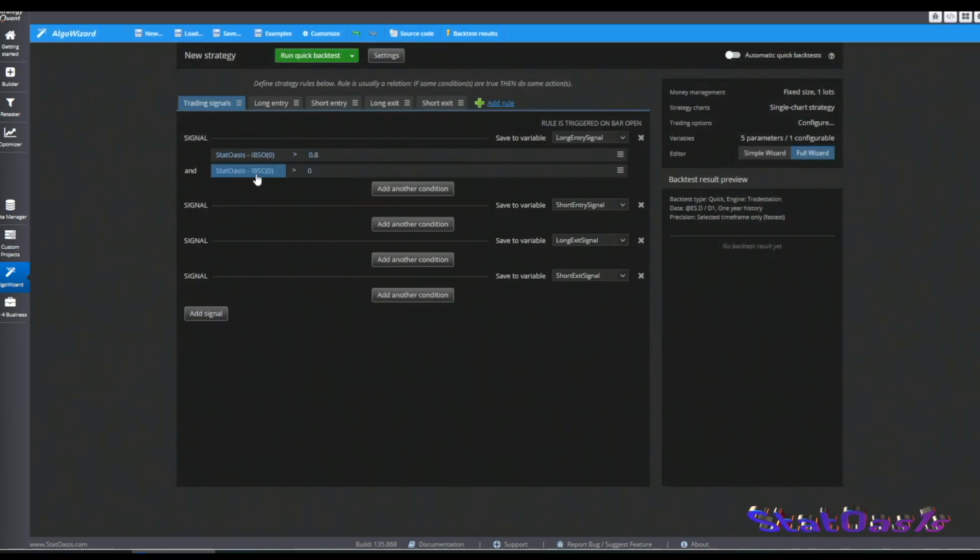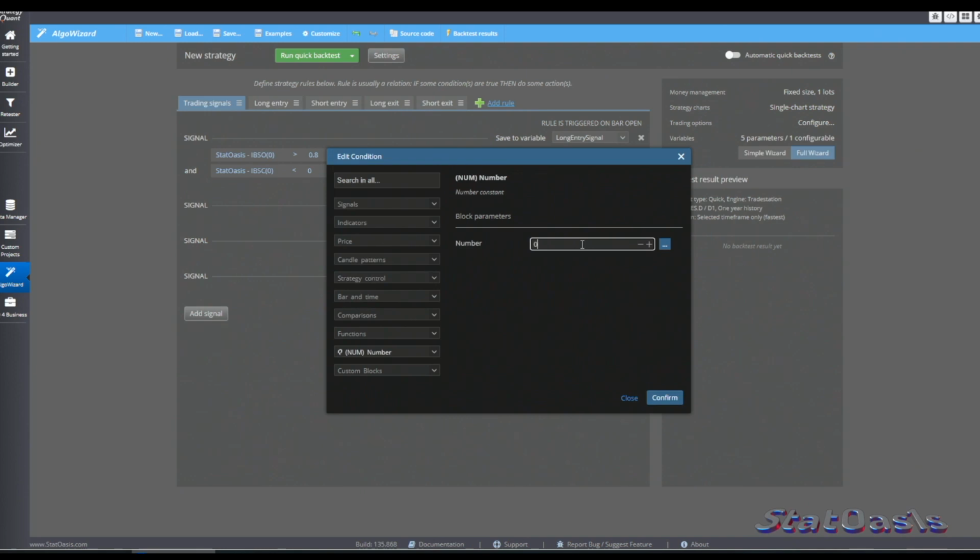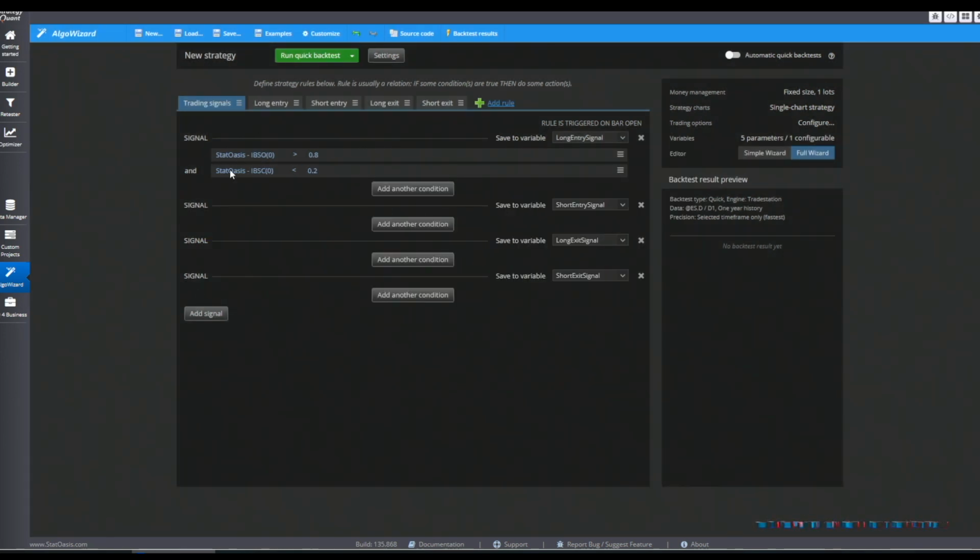And the internal bar strength close is in the lower percentile, so 0.2. So what we are looking for here is a bar that opened high and closed in the lower half, which just means that this is a weak bar. And since this is a mean reversion strategy, this would work perfectly.